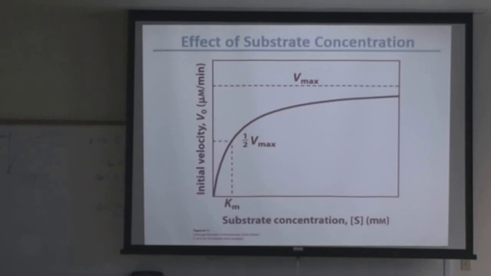We'll divide by 1/2 Vmax. So those Vmaxes disappear then, right?